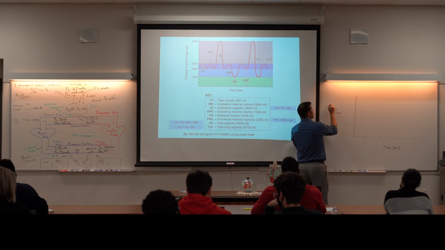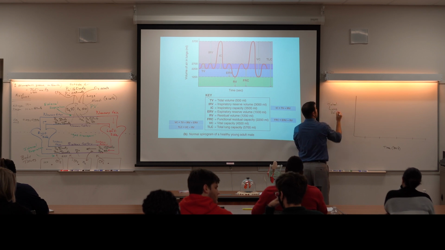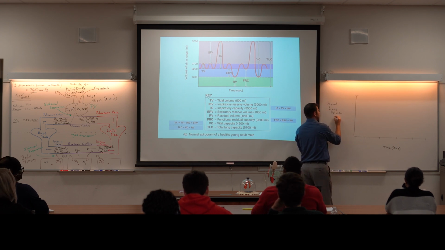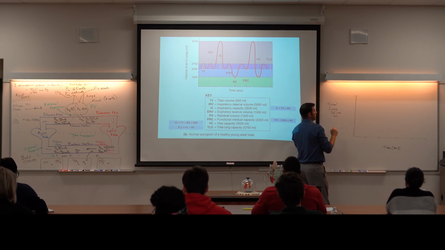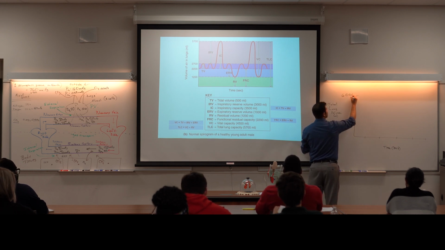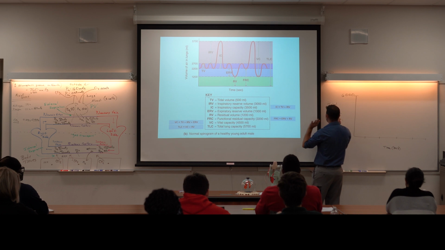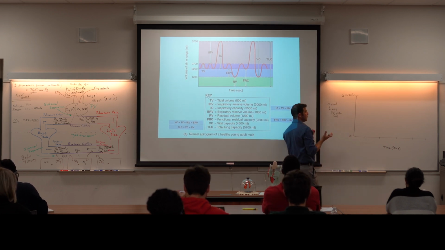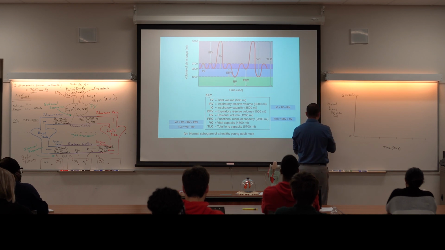So total lung volume, that's going to be everything that we can fit into the lungs. Typically, total lung volume, measured in milliliters, is about 6,000. They're using 5,700 up there, and that's fine. We're going to go from 0 to 6,000 here.